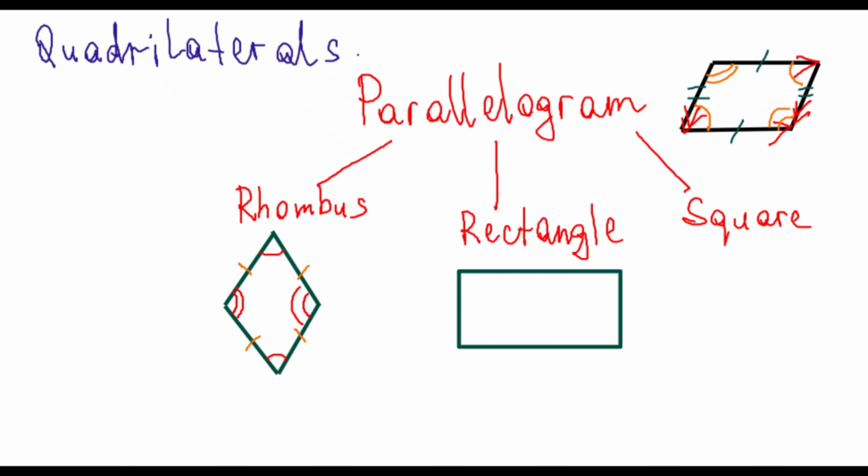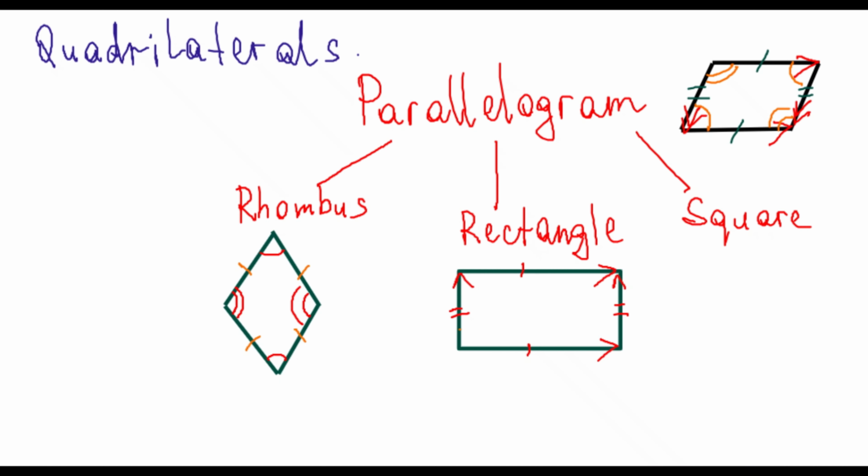Now let us see what is rectangle. Rectangle is also quadrilateral, as opposite sides are parallel and they are same.